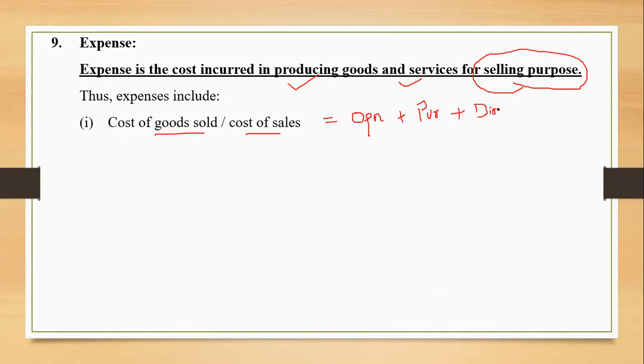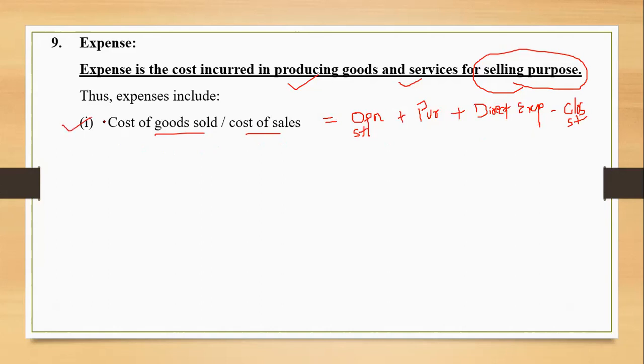Direct expenses are like the purchase expenses or the amount that we pay for manufacturing of the goods. Then from here we deduct the closing stock. So this is the formula for cost of goods sold.